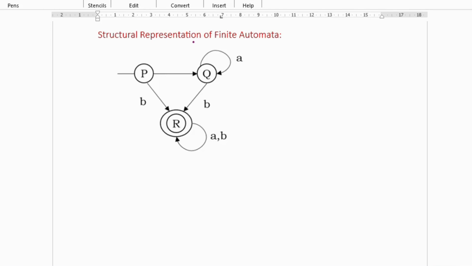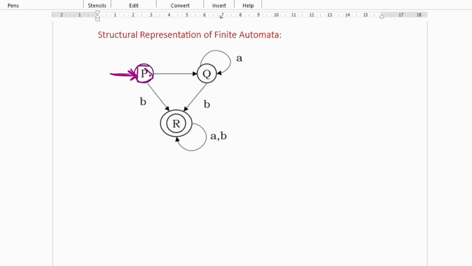Consider this graph. This P node, or vertex, is the initial state, because it has one arrow coming from nowhere pointing to P. And this R node is the final state, because it is surrounded with two circles.